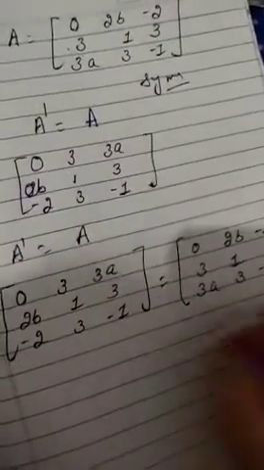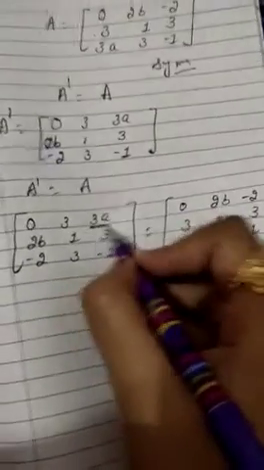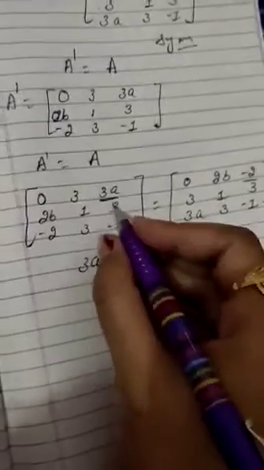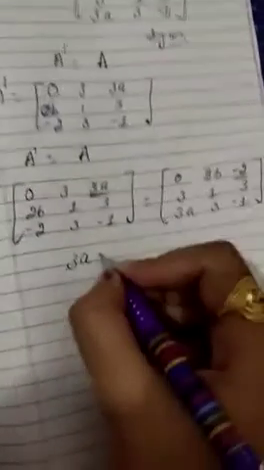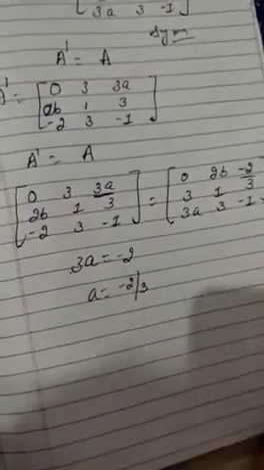Now compare and find the values. We know that if two matrices are equal, then their corresponding elements are equal. So 3a is equal to minus 2, and a value is minus 2 by 3.